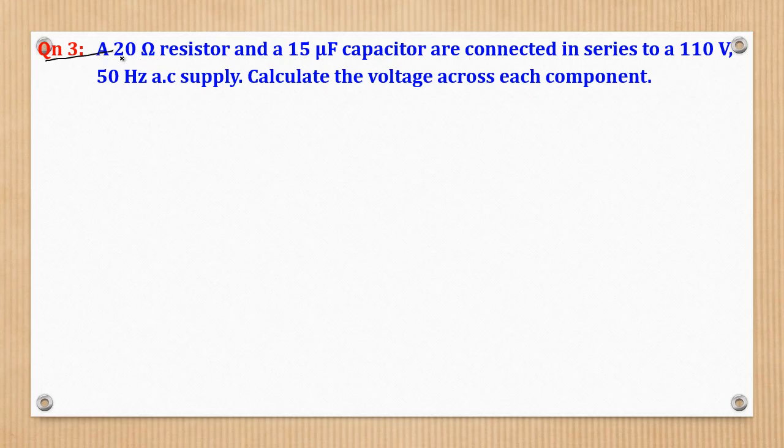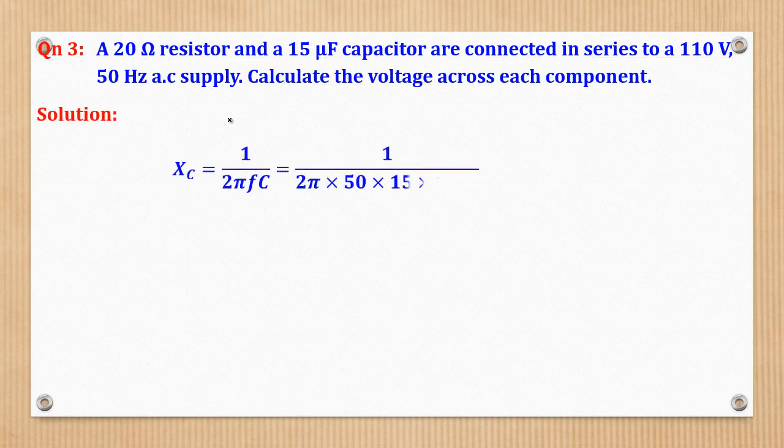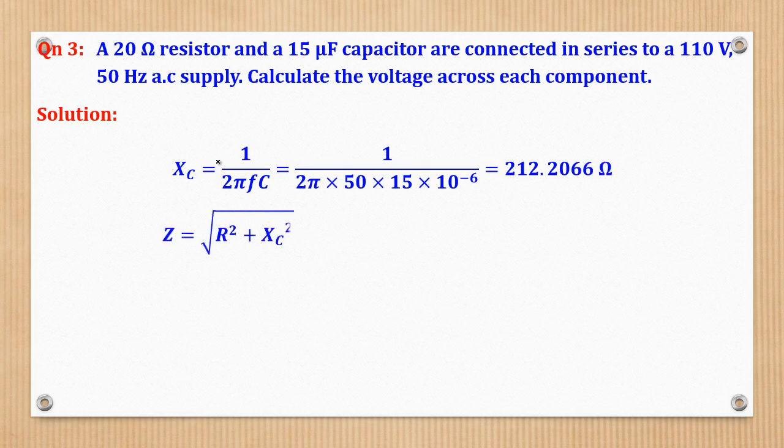Question 3 says a 20 ohm resistor and a 15 microfarad capacitor are connected in series to a 110 volt 50 Hz AC supply. Calculate the voltage across each component. So we shall first get the capacitive reactance. After that we can get the impedance.